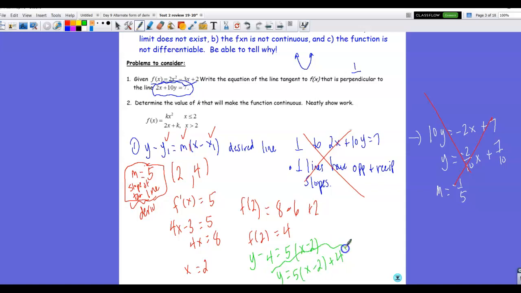And so this is the equation of a line that is tangent to f of x at x equals 2. And this line is also perpendicular to the given line. And you can verify all of that by putting this into your graphing calculator and actually seeing that. So that's problem number 1. I'm going to clear the annotations and jump to problem number 2.